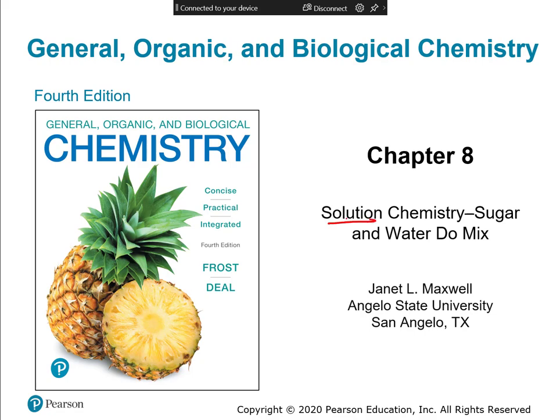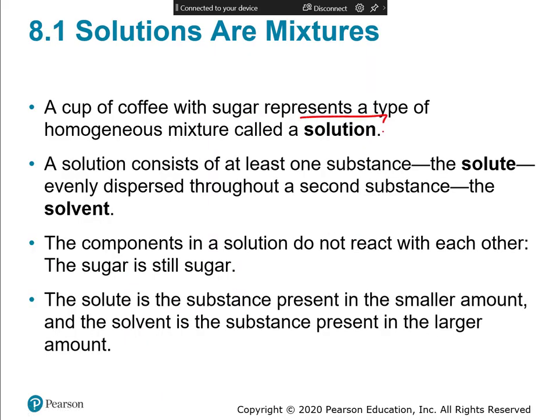Okay, so chapter 8 is all about solutions. So remember that solutions are mixtures. And this chapter really just defines the characteristics of, well, when you have a mixture, you have more than one thing physically combined.